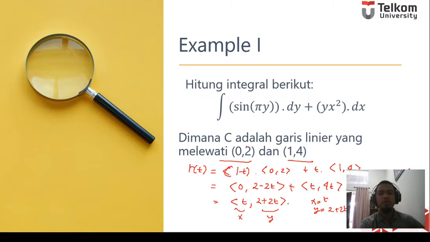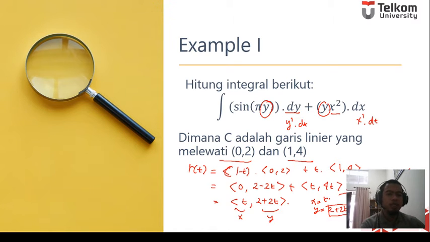As we mentioned before, in sin(πy), y should be replaced by 2 plus 2t, and x squared becomes t squared. dy equals y' times dt, and dx equals x' times dt.